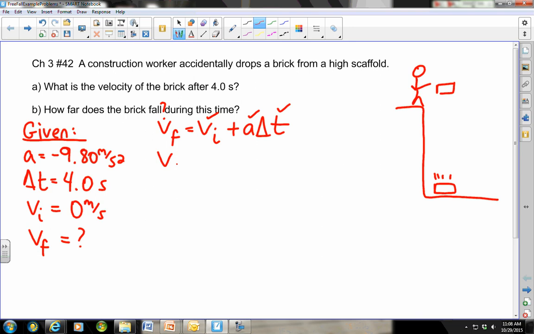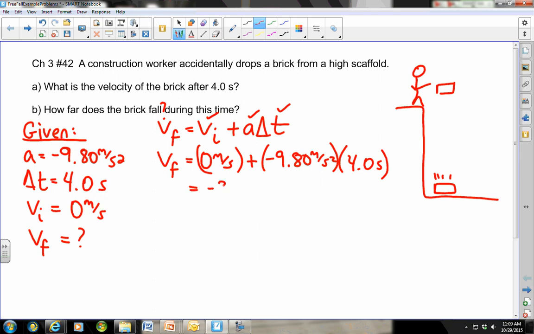Okay, so then plug in your givens. 0 plus negative 9.8 times 4 seconds. Okay, and if you're watching, you should do this along with me and make sure you get the same answers.